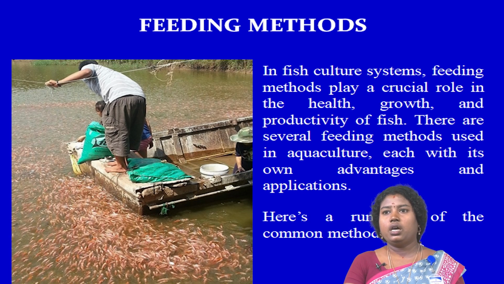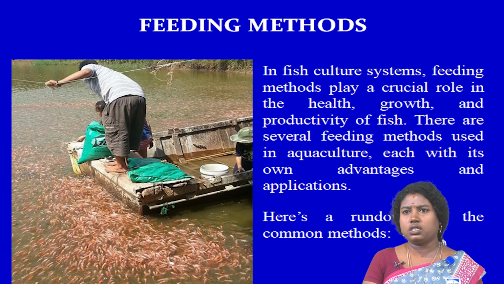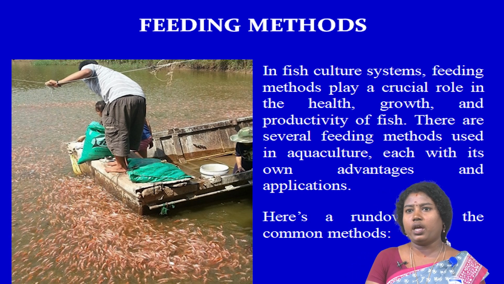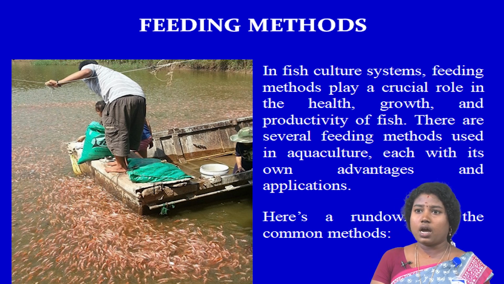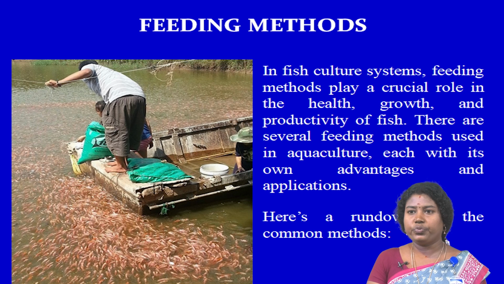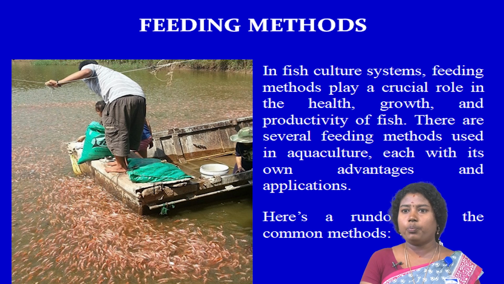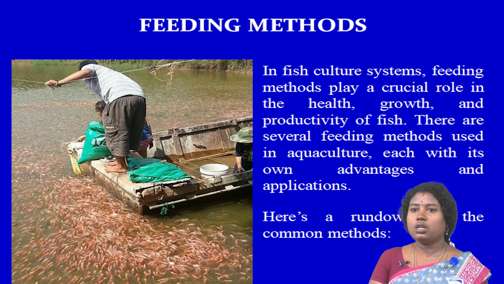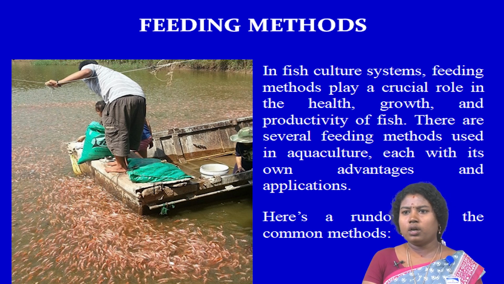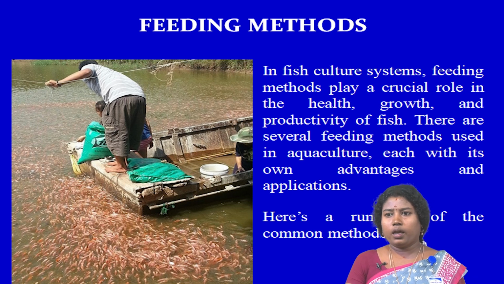Feeding methods. In fish culture systems, feeding methods play a crucial role in the health, growth, and productivity of fish. There are several feeding methods used in aquaculture, each with its own advantages and applications. Here is a rundown of the common methods.